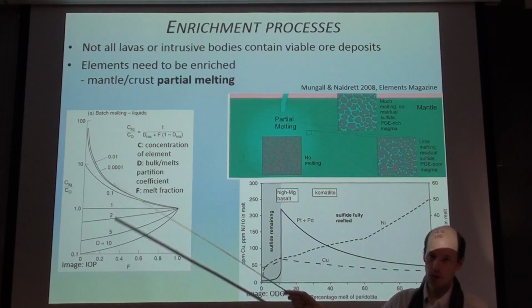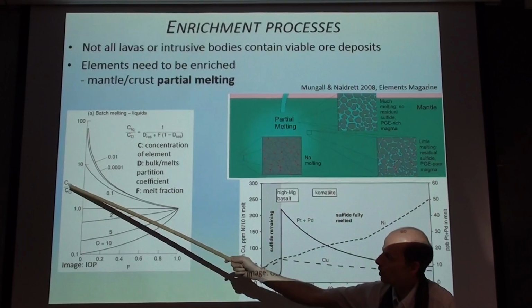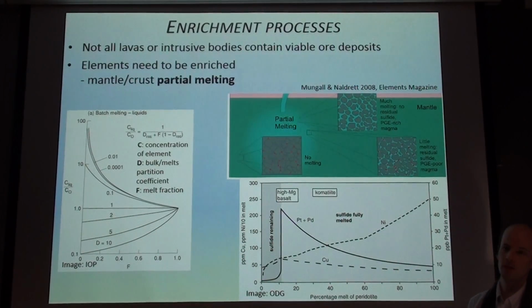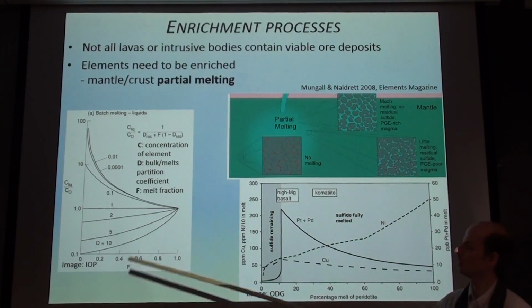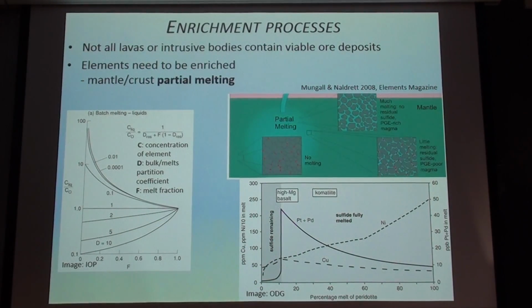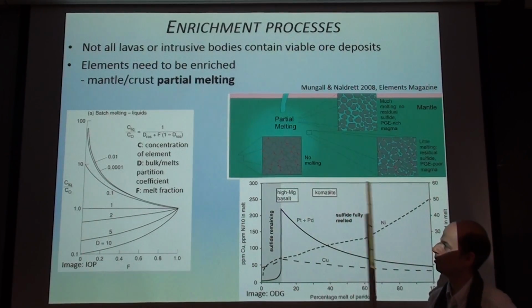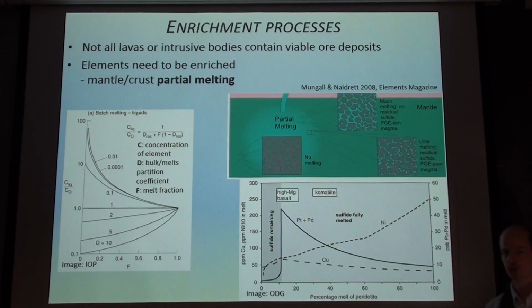C is the concentration of a certain element. C liquid is the concentration of the element in the magma, and C0 is the concentration of the element in the peridotite. And D is the partition or distribution coefficient, which can be called either way. Do you all know what a distribution coefficient is? Yes?